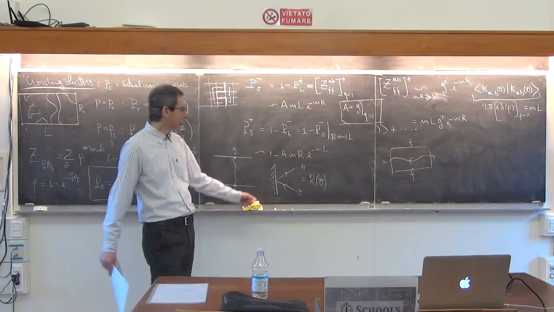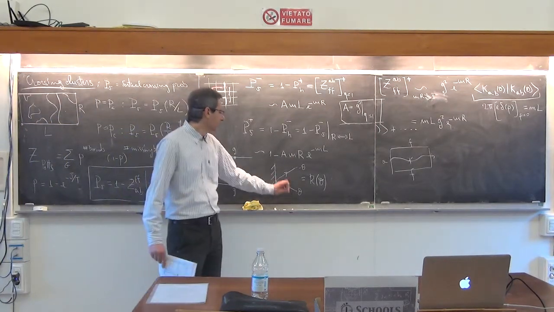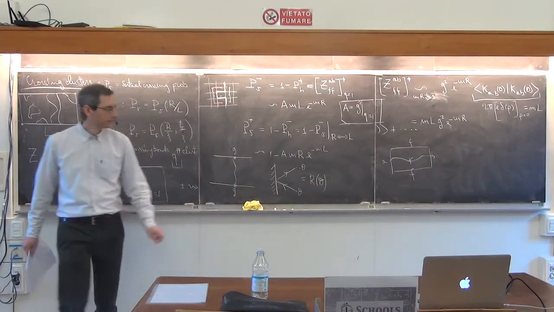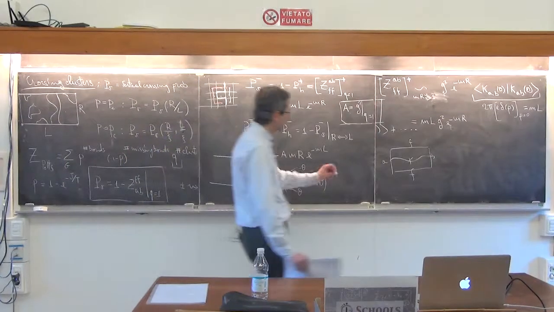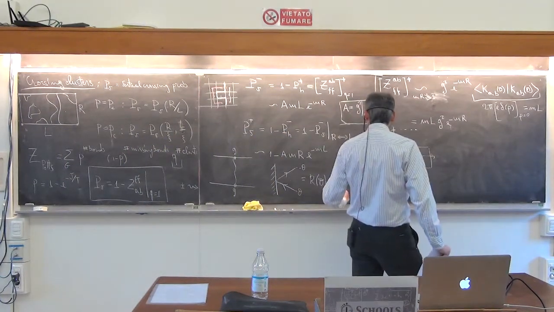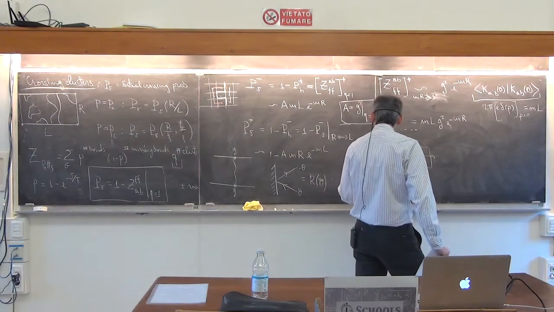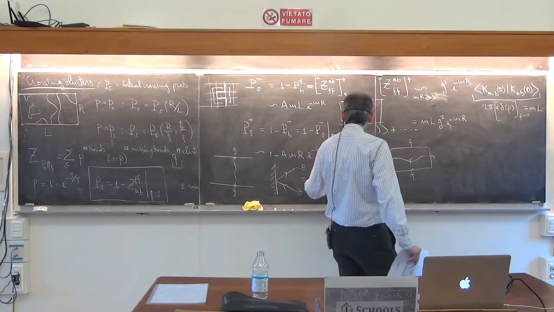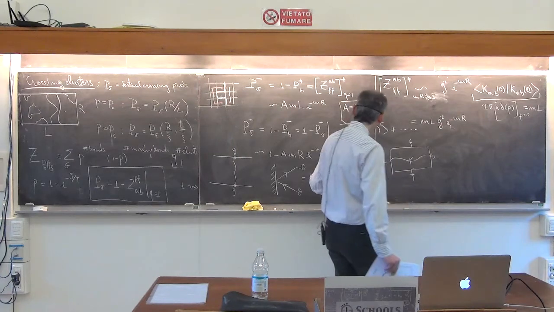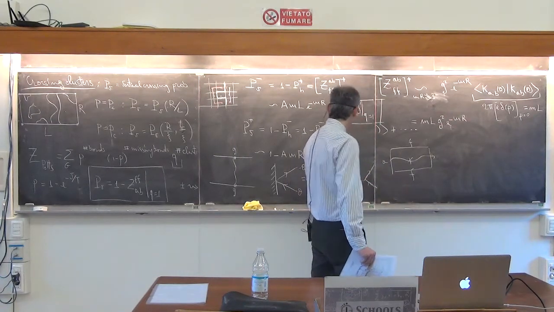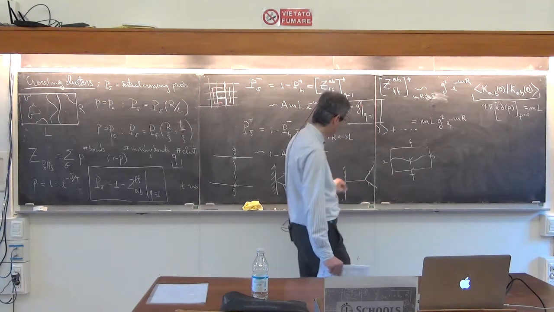There will be some bound state poles corresponding to the particle being captured by the boundary. But then if you also play with the crossed channel, you will have also configurations like this. Poles corresponding to situations like this.